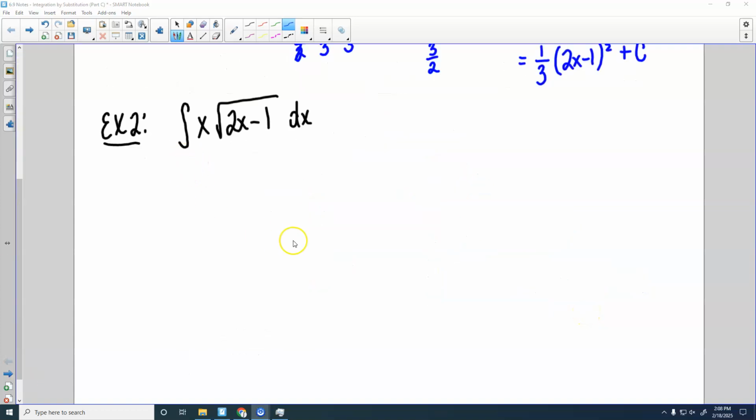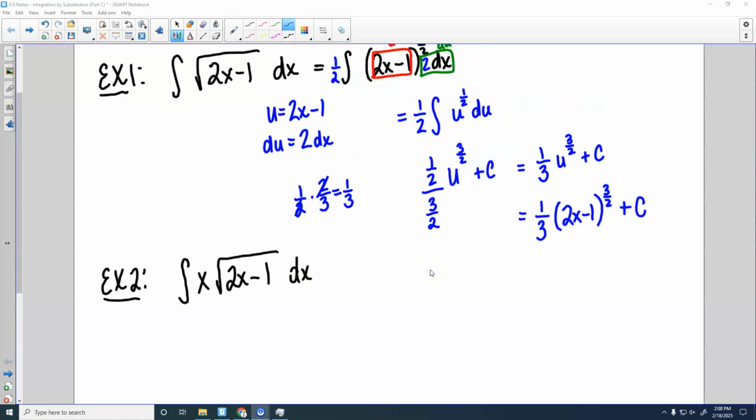Together, because they are almost the same problem. Almost.